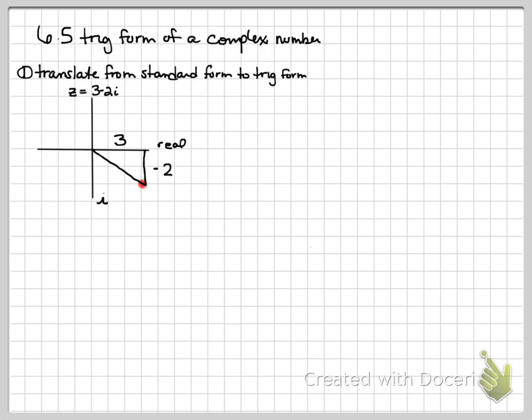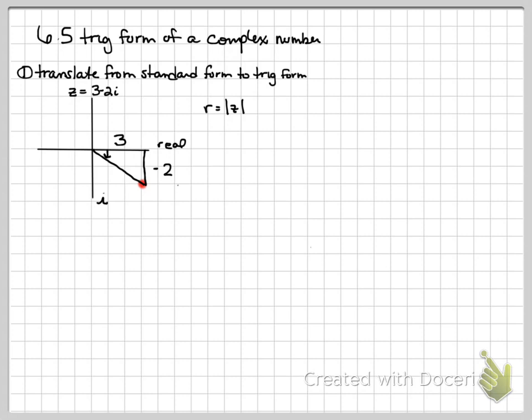So it looks very similar to our triangles that we've been working with all semester long. And so in order to find the trig form, we're going to need to do a couple of things. We need to find our r, which is the magnitude of our z, of that vector, and we need to find that angle right there.